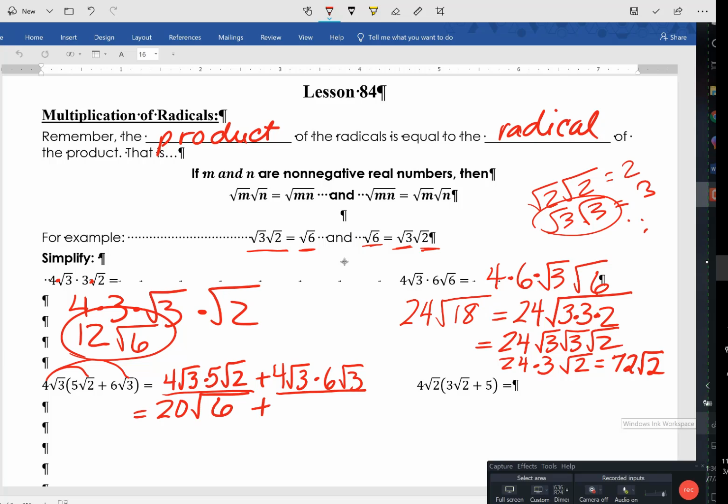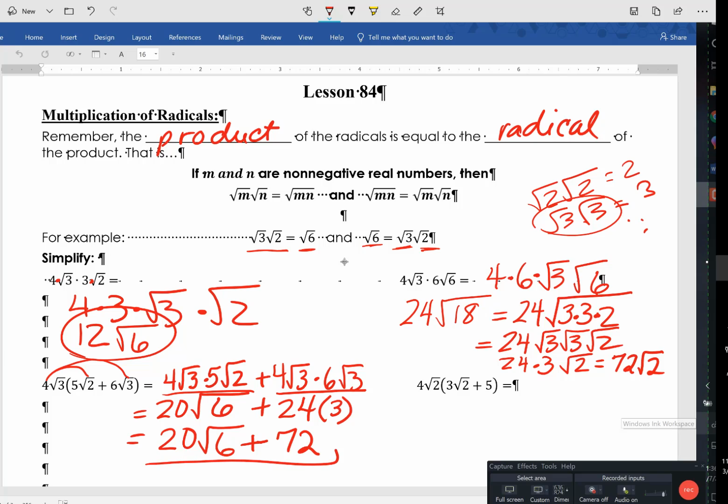Over here, 4 times 6 is 24. And then the square root of 3 times the square root of 3, remember, is 3. So I'm going to be multiplying that 24 by 3. All right, so I've got 20 times the square root of 6 plus 24 times 3 is 72.